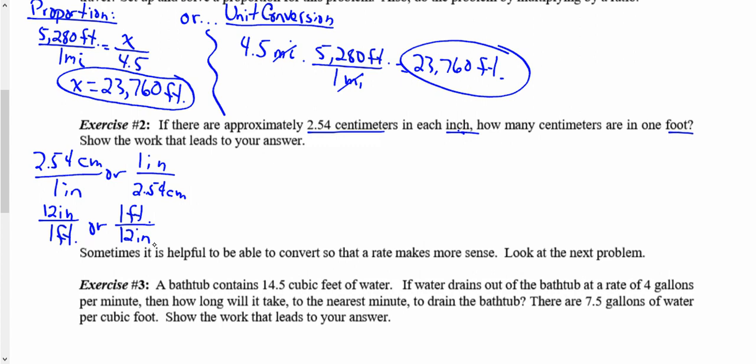So I'm going to write 1 foot, and I'm going to multiply that by something, because I want feet to cancel. What ratio would I use to cancel out feet? Tell me what to write here. 12 inches over 1 foot.